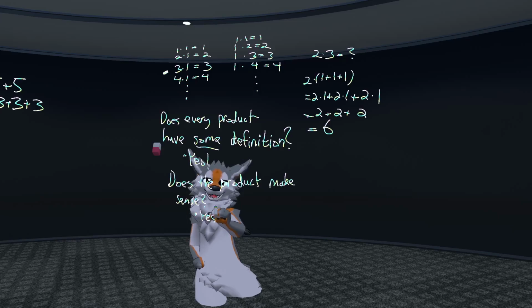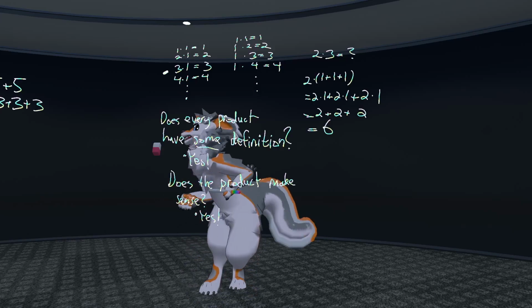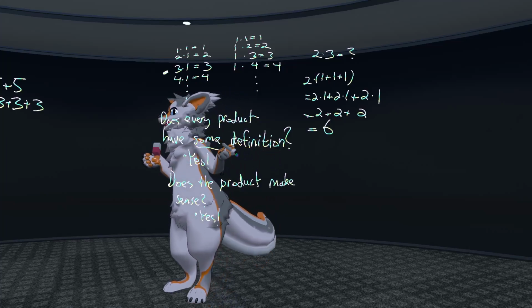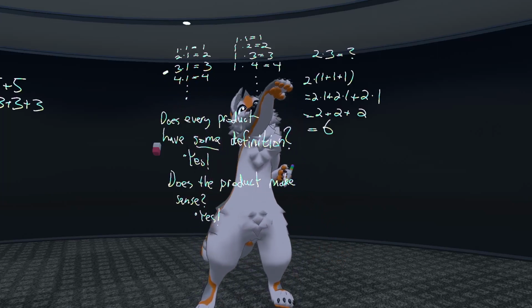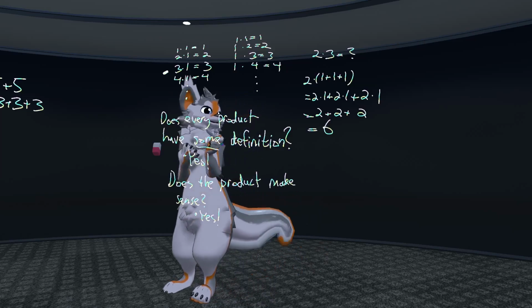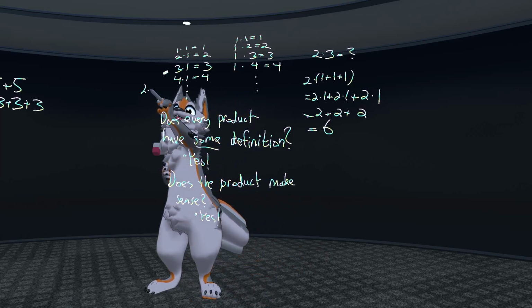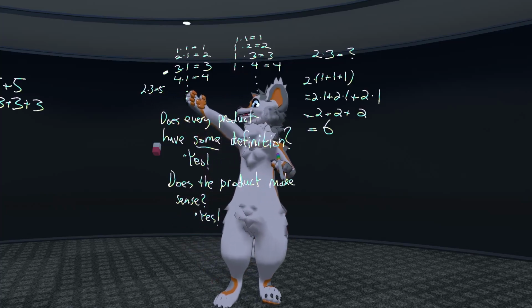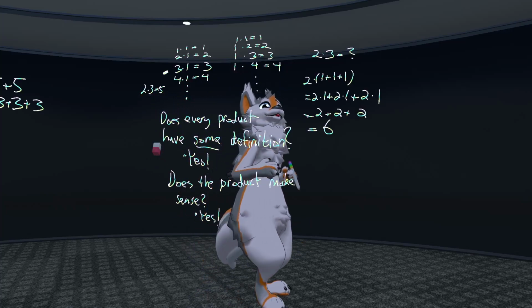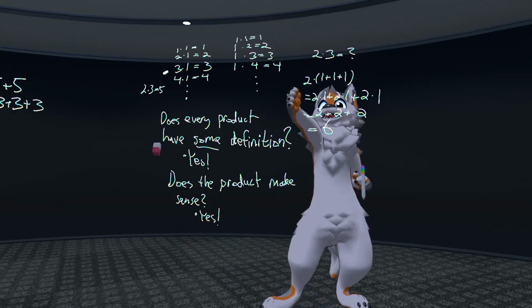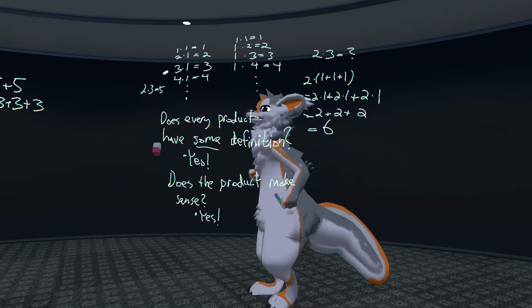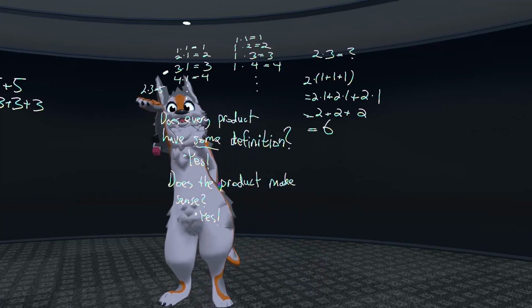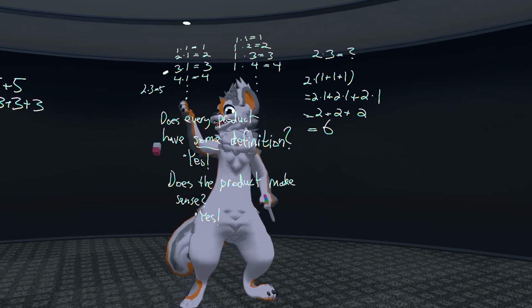But let me first talk a little bit about what I even mean when I ask that question. So for example, let's say that on top of these rules here, I also had a rule that said that 2 times 3 was equal to 5. Well, in that case, this analysis would lead us to conclude that this product is equal to 6, while using this rule would lead us to conclude that it's equal to 5.